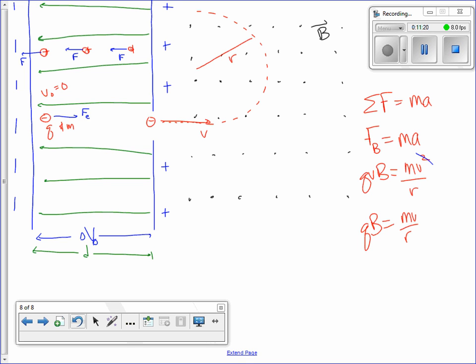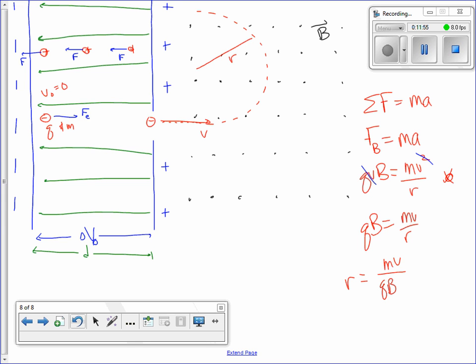We can write the radius of this circular path, if we were asked to, as mv over qb. You can take v from the last pages, whatever it was. Okay? This part by itself, very, very common.